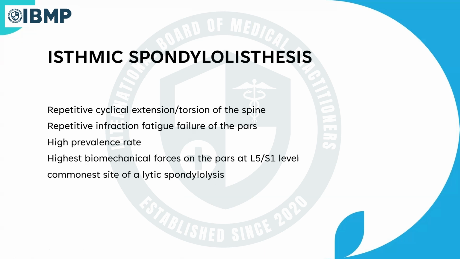It has the highest biomechanical forces on the pars at L5S1 level, and it is the commonest site of a lytic spondylolisthesis. So basically, the isthmus, as I told you, is the junction between the superior and the inferior articular facet. That is the weakest point, and due to repetitive stress, this part gives way, leading to a frank spondylolisthesis.